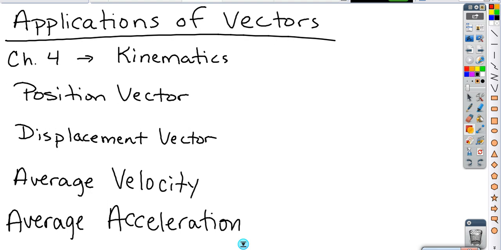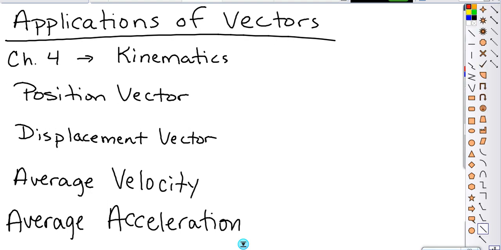So a couple of vectors that I want to introduce you to. The first one is called the position vector, and this is just a vector that has its tail end at the origin, pointing to the location of the object.